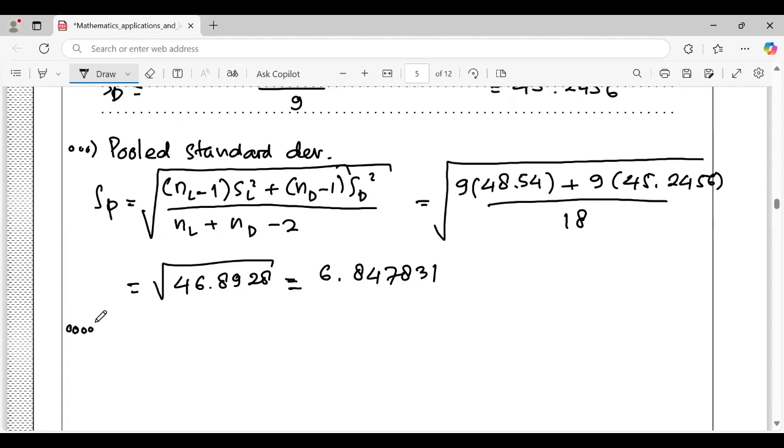And the fourth step is to calculate the t statistic.